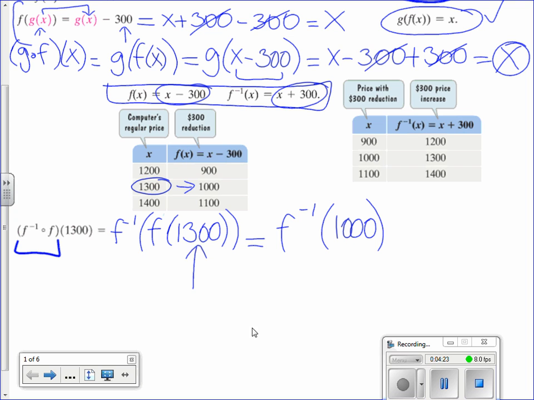Now we move to the second table, which has the inverse function, and now the input is 1000, and the output will be 1300. Do you see? We get the same thing that we started with. That happens because the two functions are inverses of each other.